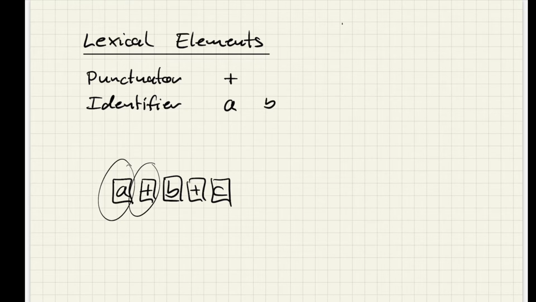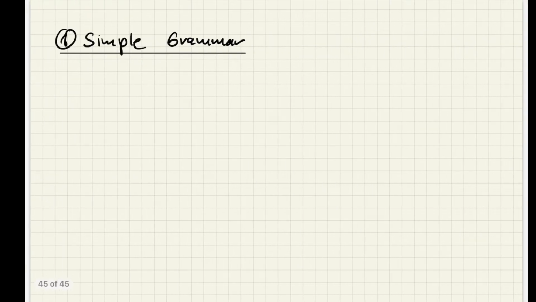Now in a first grammar I want to specify that this here would be a legal expression consisting of just one identifier. Also, this here, identifier plus identifier, should be allowed, and actually an arbitrary sum of identifiers should be allowed. So this should be allowed.